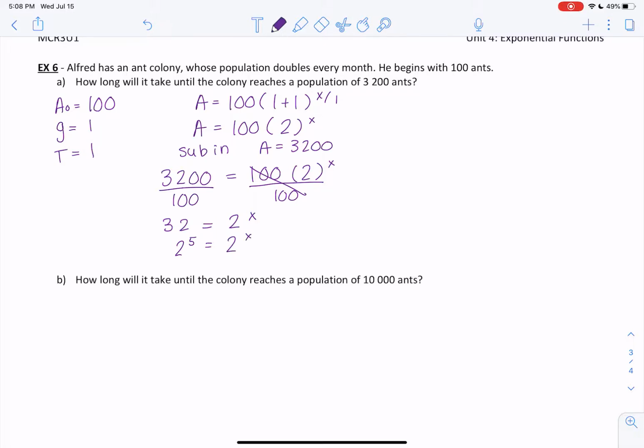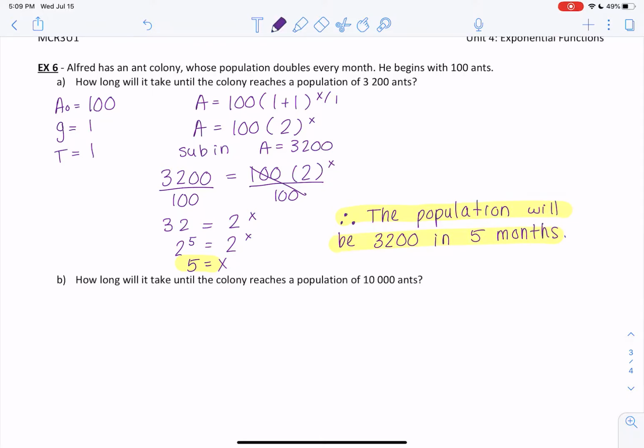So now the only way for this line to be true is if 5 is x. So we can say, therefore, the population will be 3,200 in 5 months. Let's try another example like this.